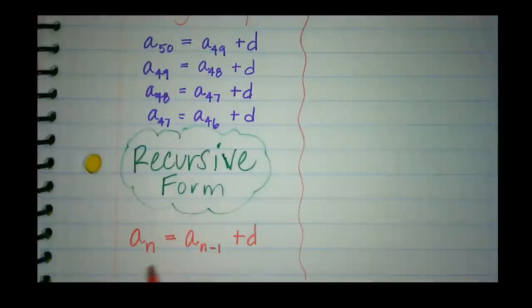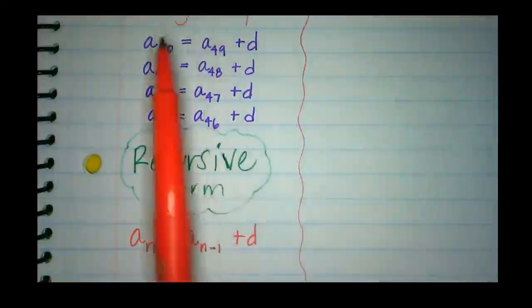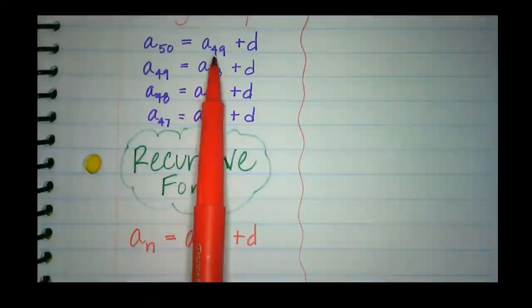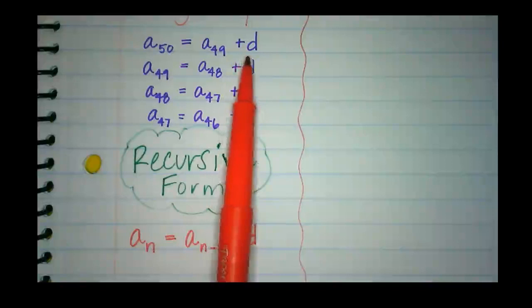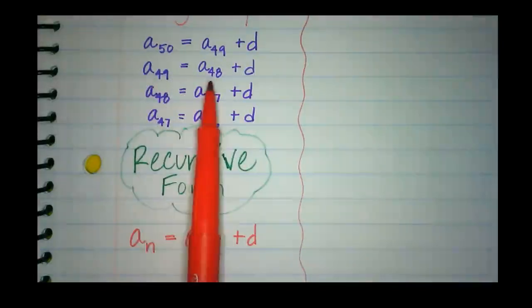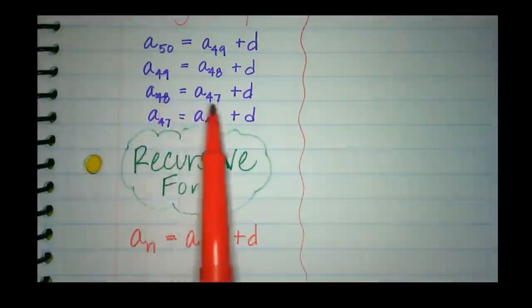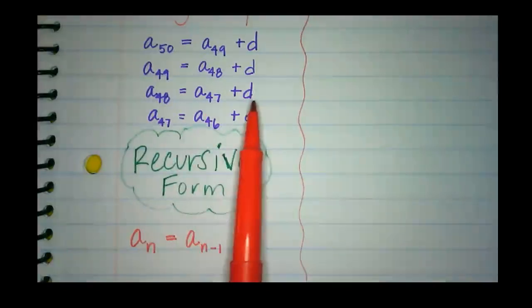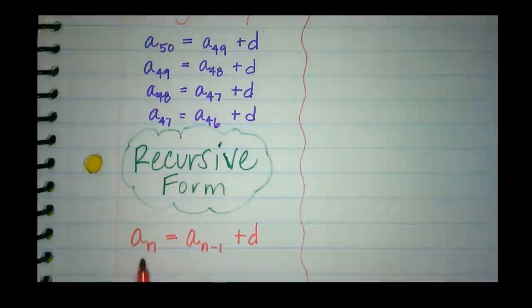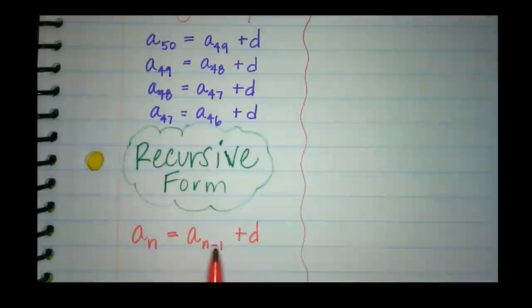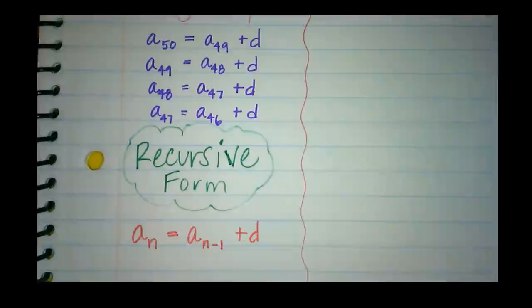And that matches everything we did up here. When we wanted the 50th term, we used the 49th term plus d. To get the 49th, we used the 48th term and added d. To get the 48th, we used the 47th and added d. So to get the nth term, we take the term that comes right before it and add d to it.